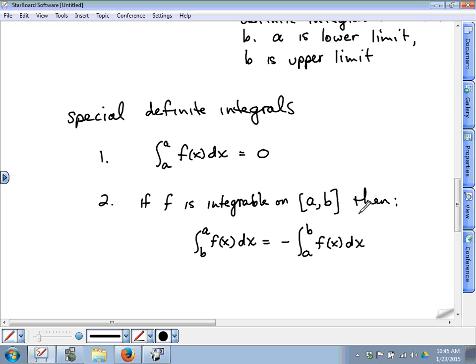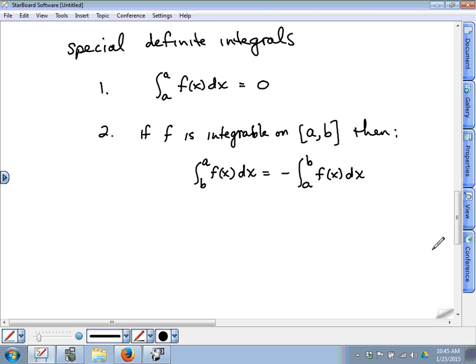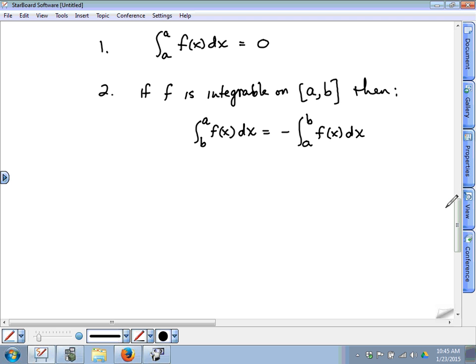Okay. So it would be negative area? Yeah, well, it would be area underneath the x-axis rather than above it. That's what the negative sign means.